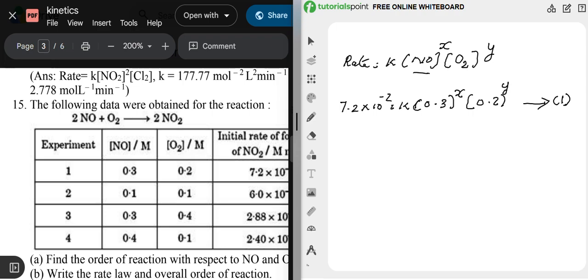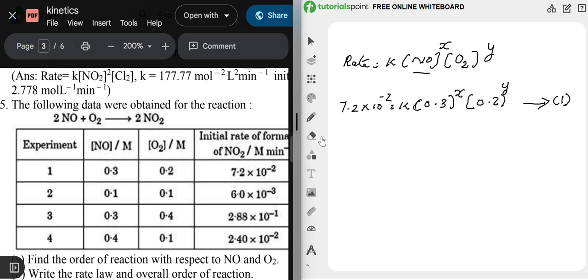The third data's rate is 2.88 into 10 raised to minus 1 is equal to K into concentration of NO, 0.3 raised to x, into 0.4 raised to y. Since we took the third data, I will mark it as equation 3. Doesn't matter, you just have to be clear on which equation you are taking.